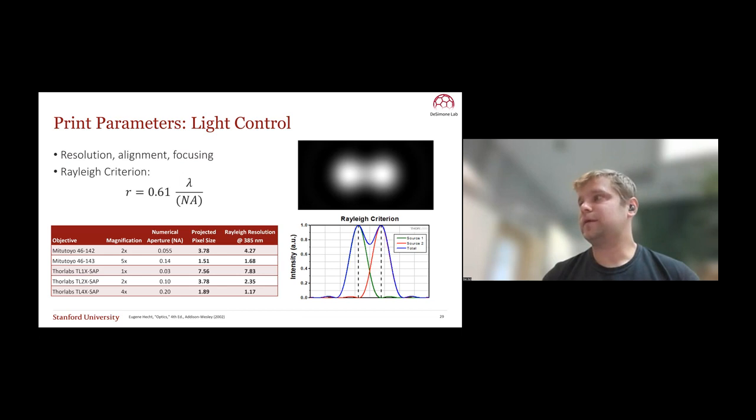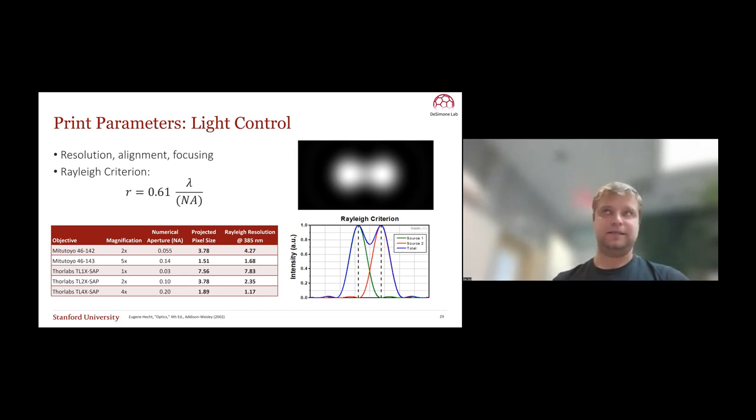And then we use reduction optics, essentially a microscope objective put in reverse, to shrink that image down 1 or 2 or 4 times in order to get pixel sizes of 4 microns or less.